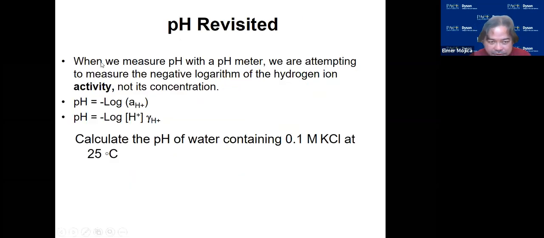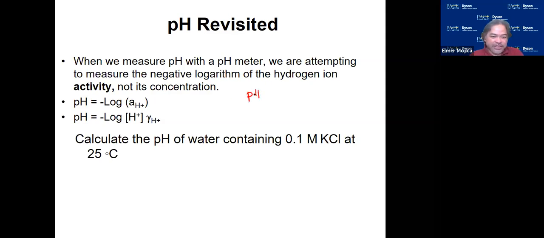So how are we going to apply it to another concept that you have learned before? pH. When we measure pH with the pH meter, we are attempting to measure the negative logarithm of the hydrogen ion activity, not its concentration. So what does it mean?